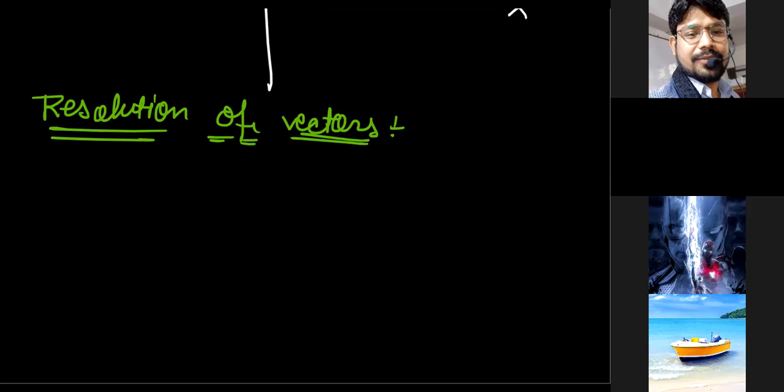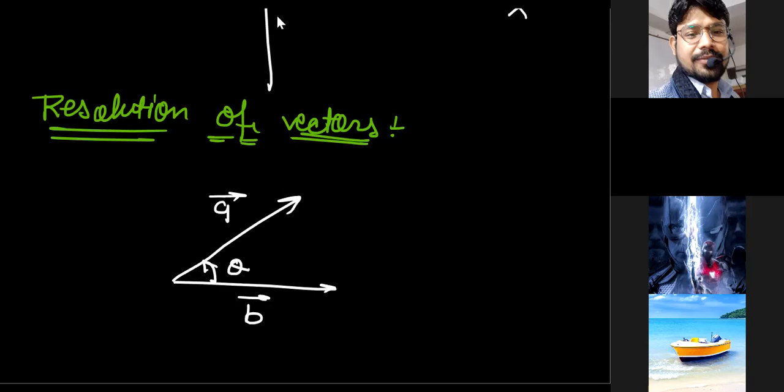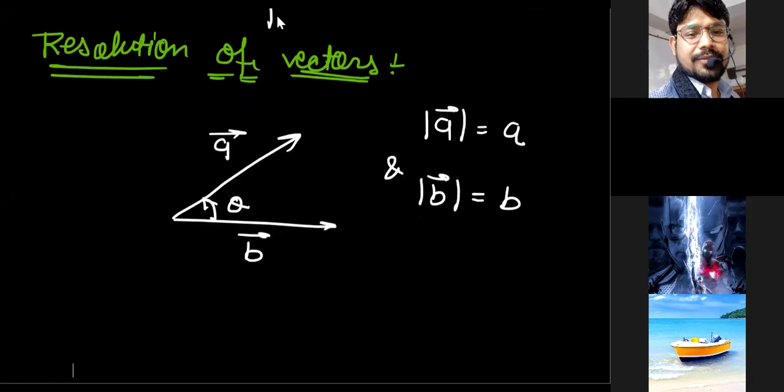Suppose we have two vectors, vector B and vector A, and the angle between them is theta. The magnitude of vector A is A and the magnitude of vector B is B.